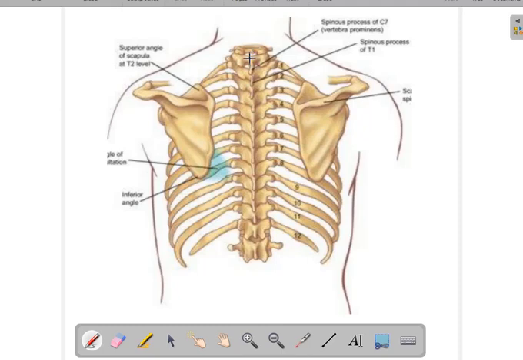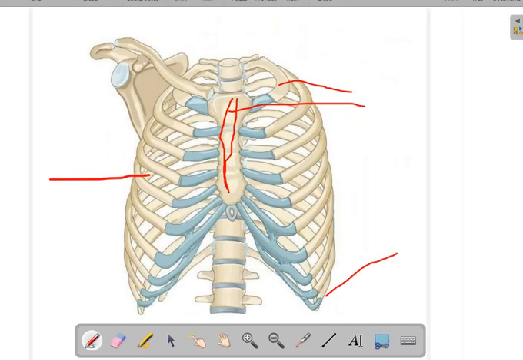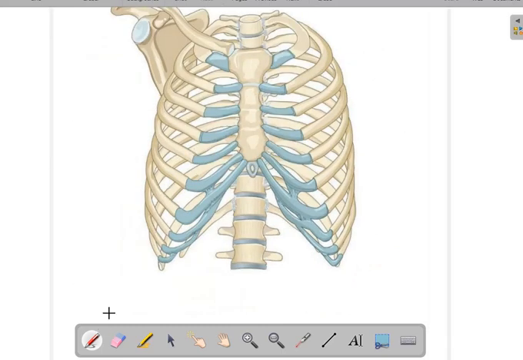These are the thoracic spines, and these are the ribs. This is the posterior view of the thoracic cage, formed, as we said before, from the sternum in the midline. This is the sternum, and the ribs, 12 pairs of ribs on each side. This is the scapula.